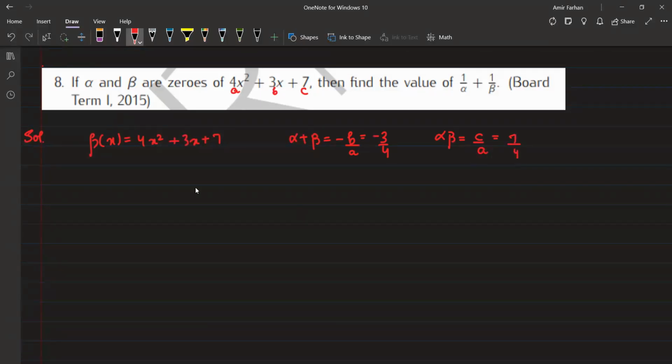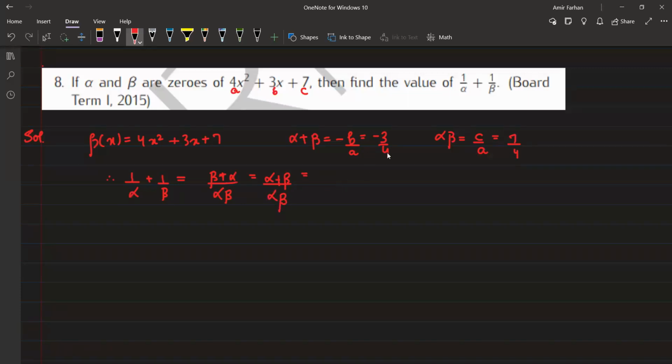Now, in the given expression, 1 by alpha plus 1 by beta, if you simplify it by taking the LCM, it would be alpha beta. Dividing alpha beta by alpha, you get beta, plus dividing alpha beta by beta, we get alpha. So it's nothing but alpha plus beta divided by alpha beta.